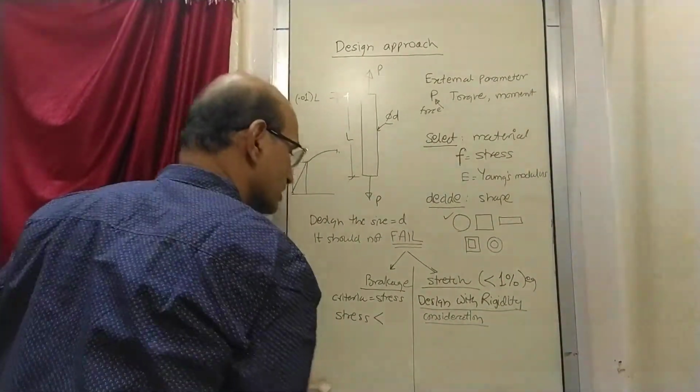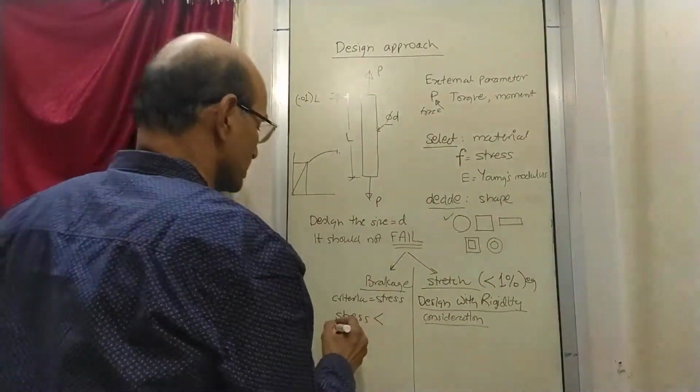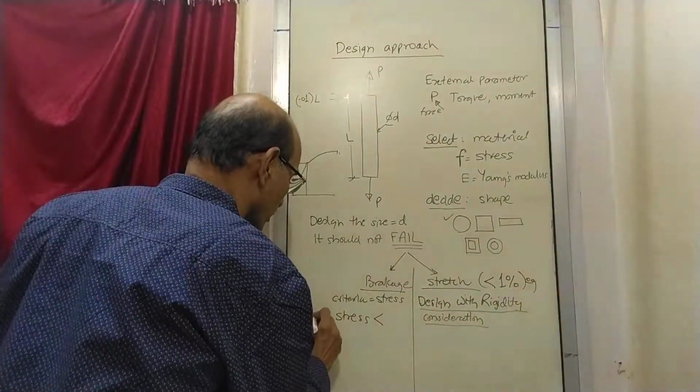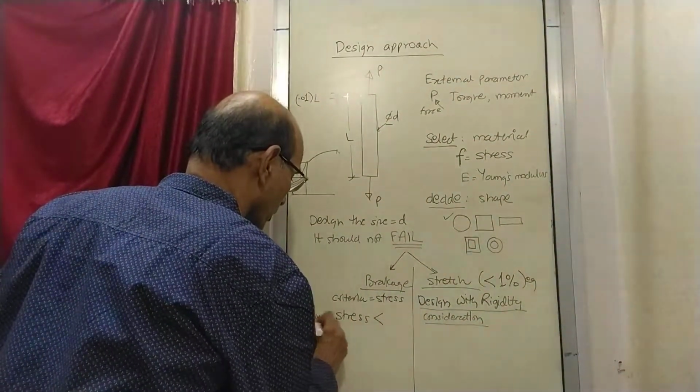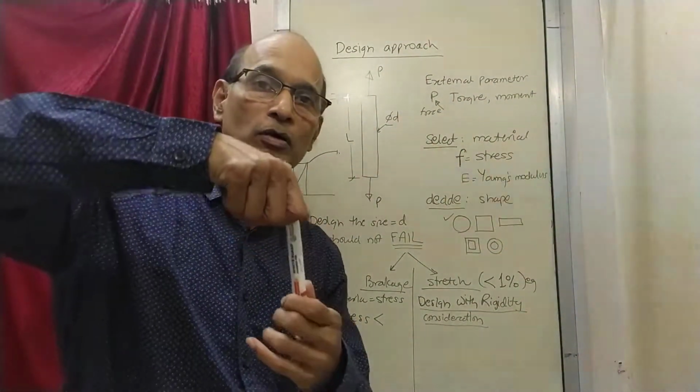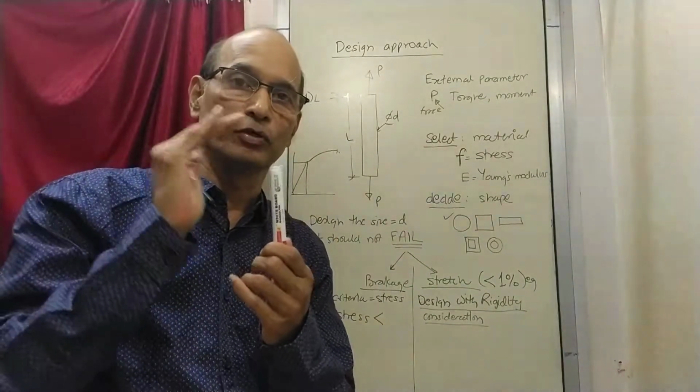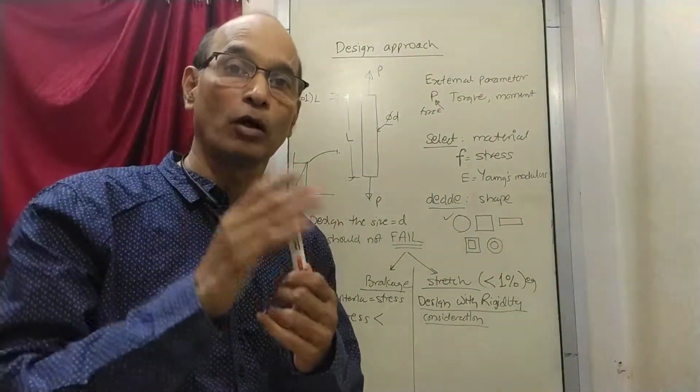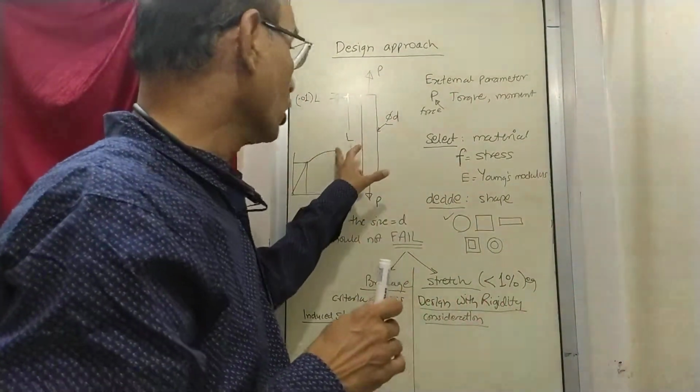And here, stress should be less than the induced stress, the stress that is developed. When I apply load on the part, whatever stress is going to develop here, I want it to be below the breaking stress.